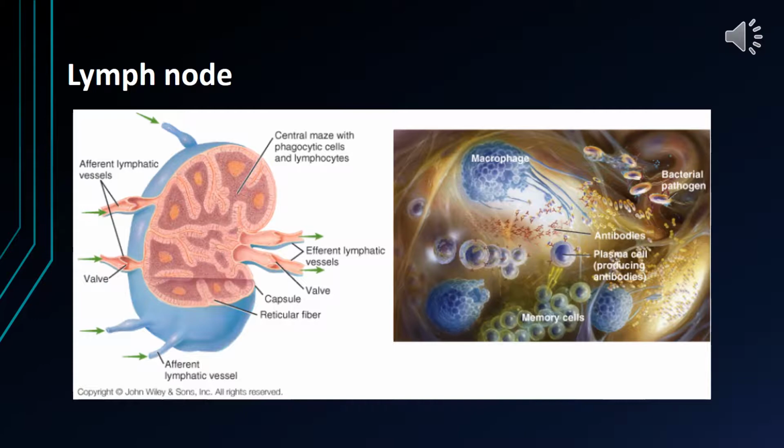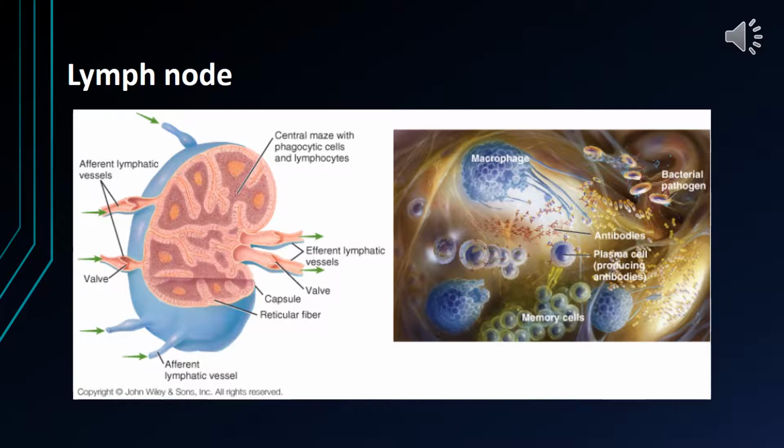And then within this lumen, if you will, of the lymph node, we have a central maze, which contains both the phagocytic or eating cells and the lymphocytes. And you can also see the valves within the efferent and afferent lymphatic vessels.